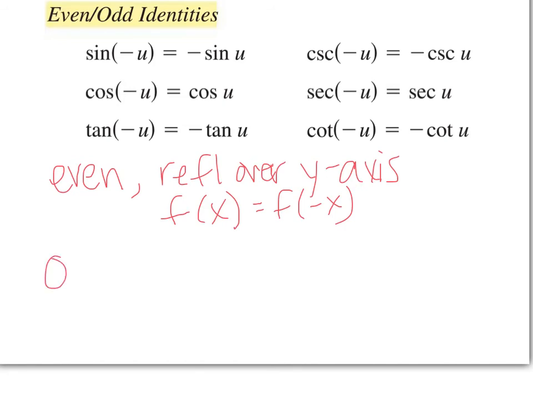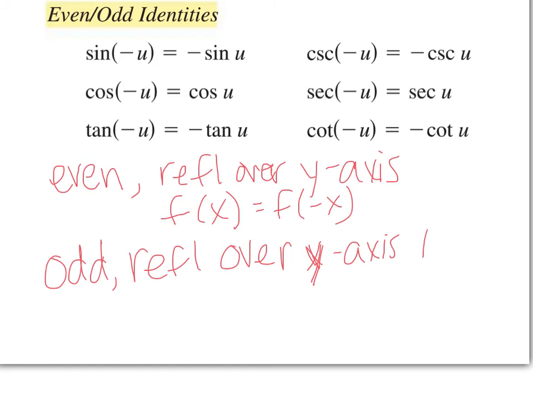If a function is odd, it's reflected over the y-axis, then the x-axis, and it means that f of negative x equals negative f of x.